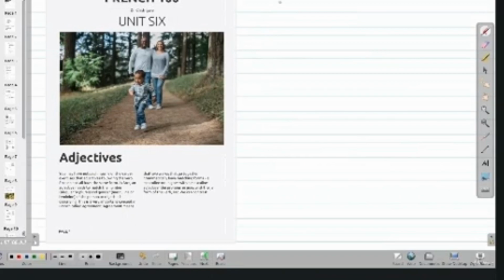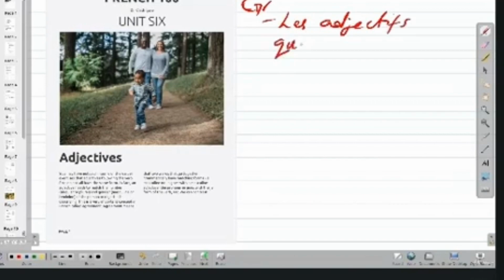The global objectives remain. So we have grammar, we have communication and vocabulary, we have culture. In grammar, we are going to focus on, I just put GR here for grammar, les adjectifs qualificatifs, that's adjectives, qualifying adjectives.